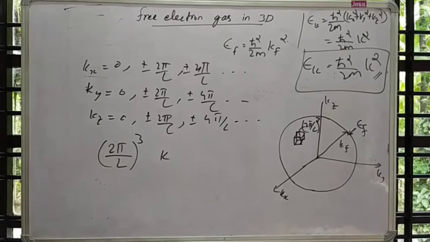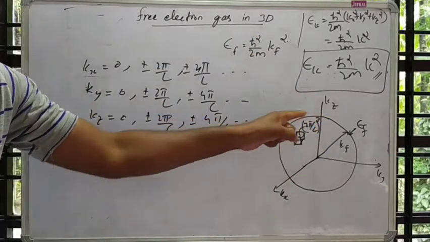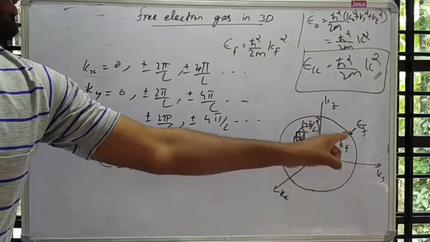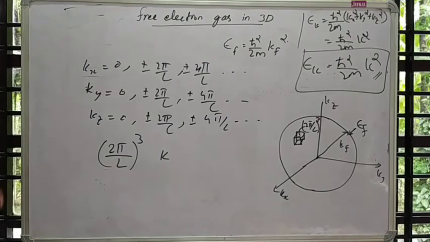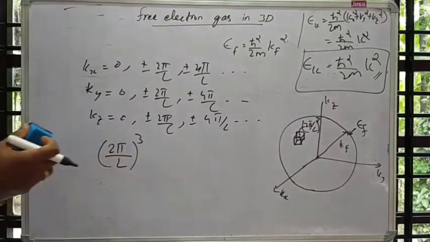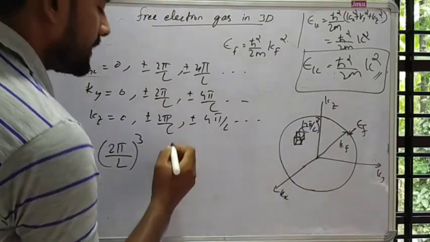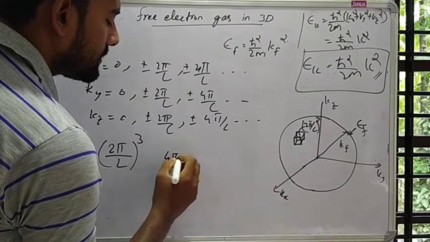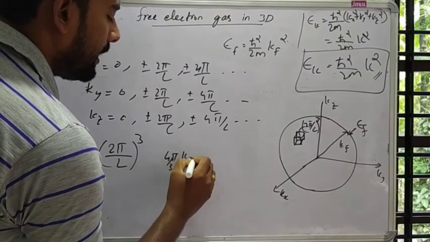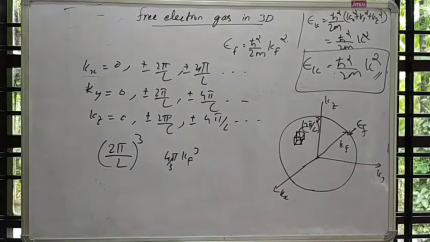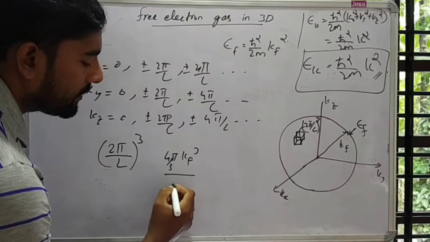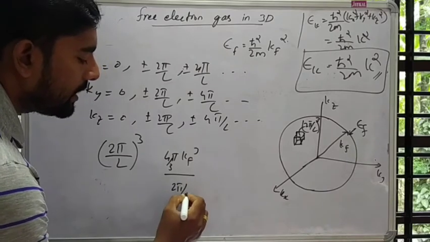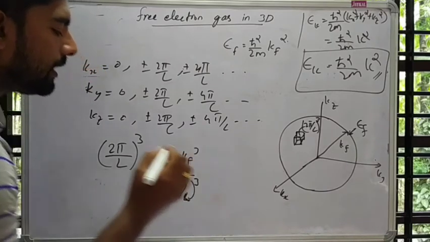That means we need to consider the number of electrons or number of orbitals in this sphere. In a way, the total volume of this sphere is 4/3 π kF cube. And for each k value, there is a volume of (2π/L) whole cube.